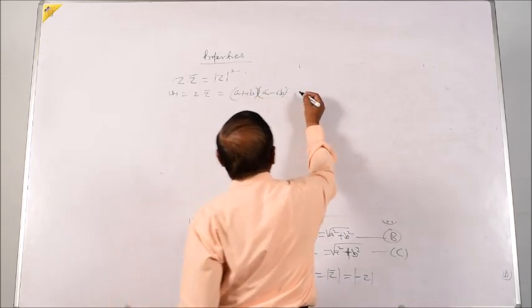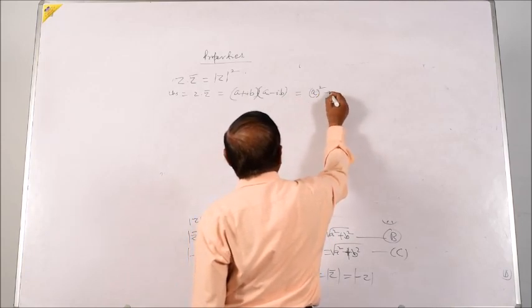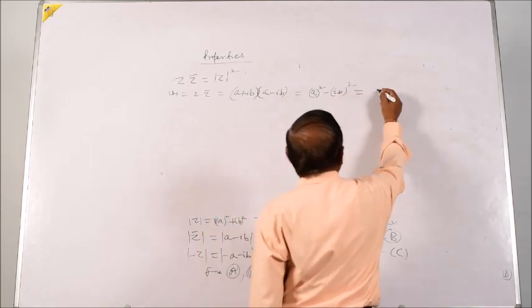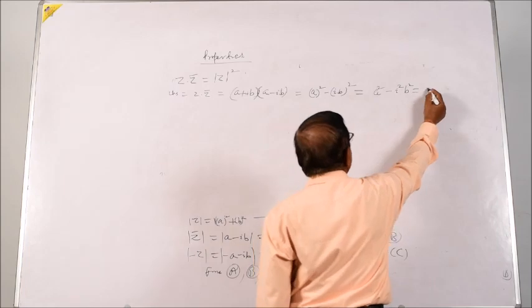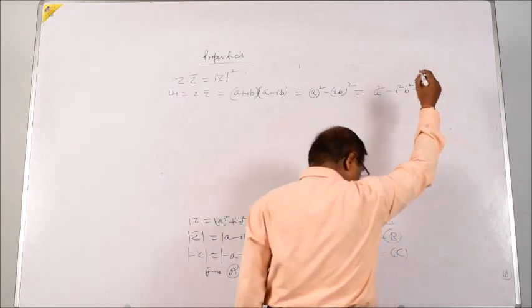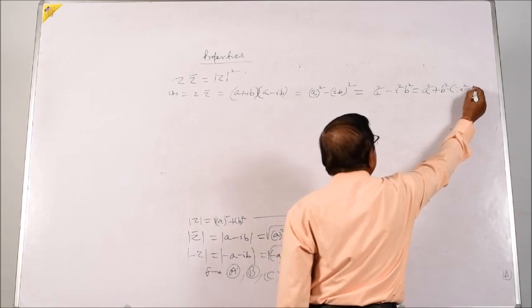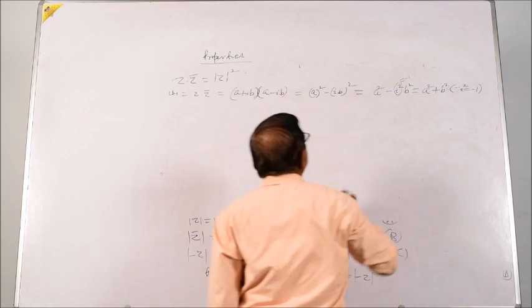So, it will be ultimately what? This is a square minus ib whole square. What is that? It is a square minus i square b square, that is a square plus b square, as i square is minus 1 here.